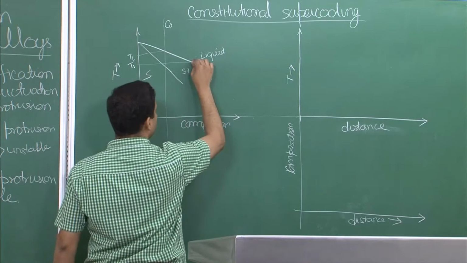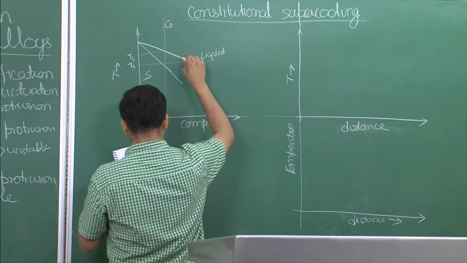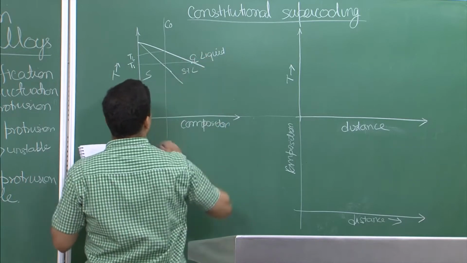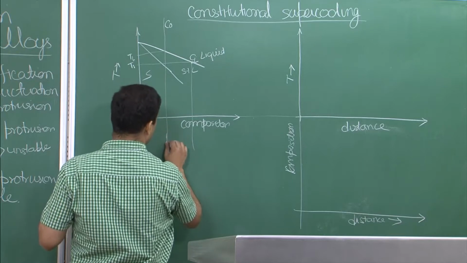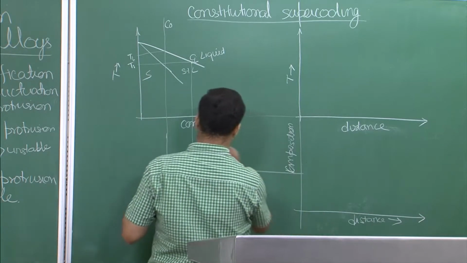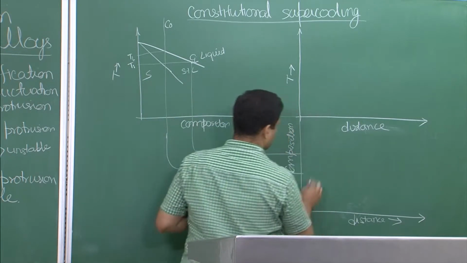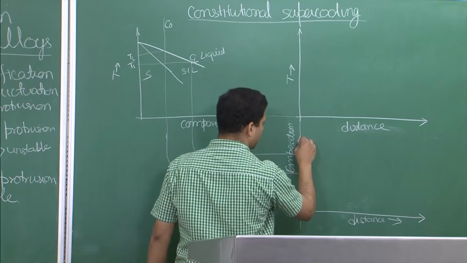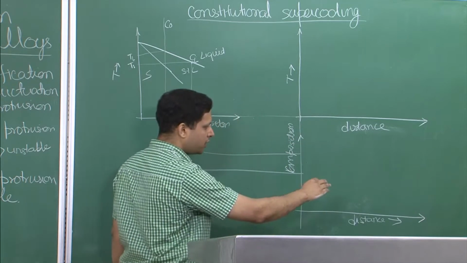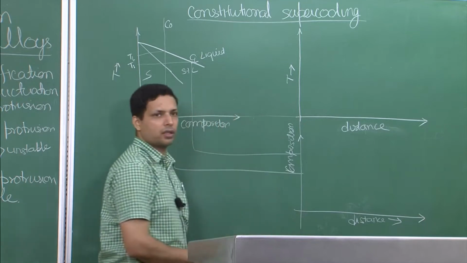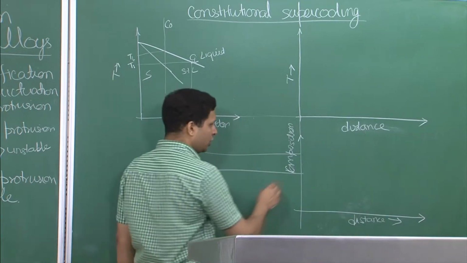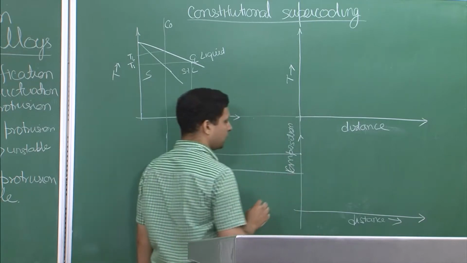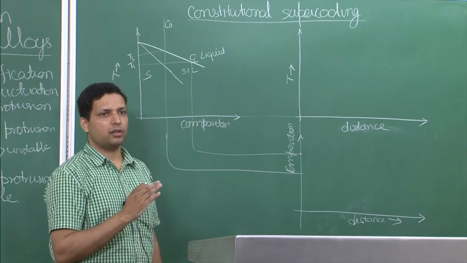Let us call this Cl, and this is our C naught. This is the interface, on this side we have liquid, on this side we have solid. At this particular point, just at the interface, what will be the concentration of the liquid?